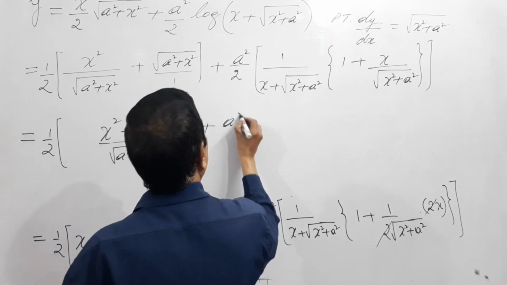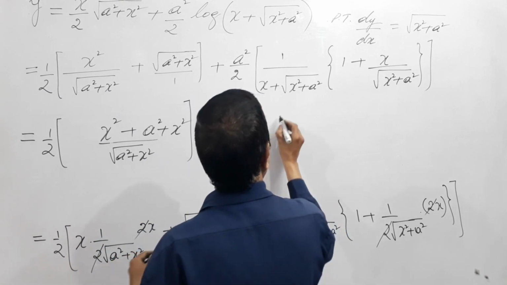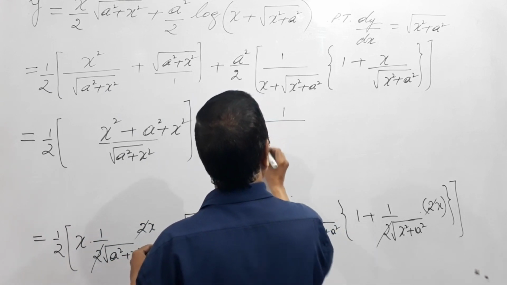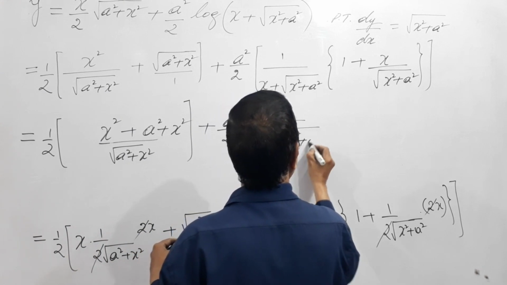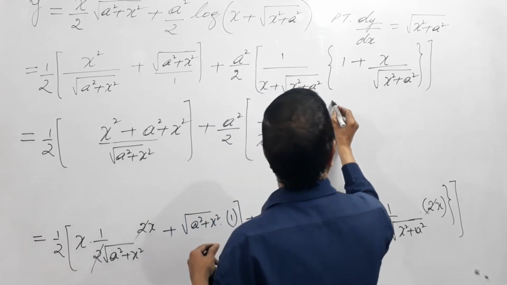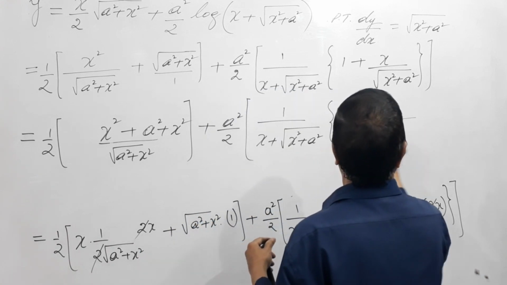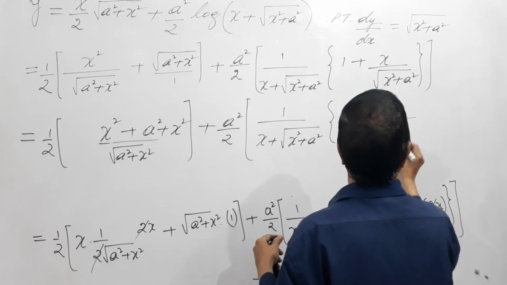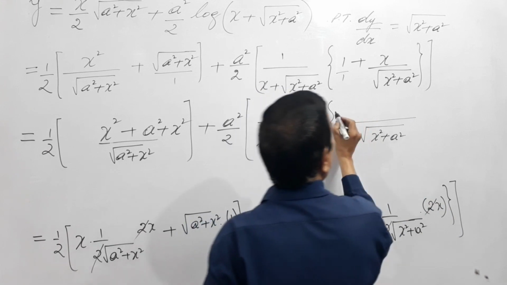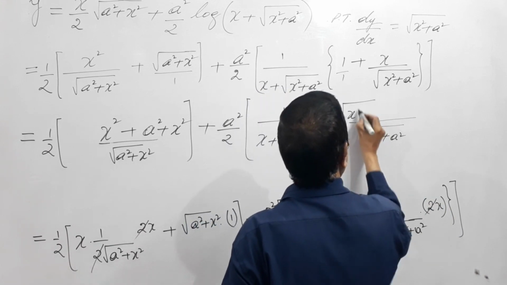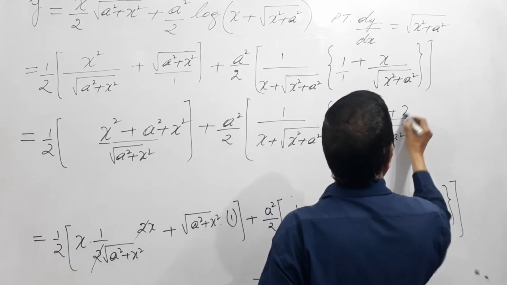Plus a square by 2. So this is 1 by x plus under the root x square plus a square. I will take LCM. This LCM is under the root x square plus a square. So we have 1 here. So this becomes under the root x square plus a square plus, it goes one time, plus x.